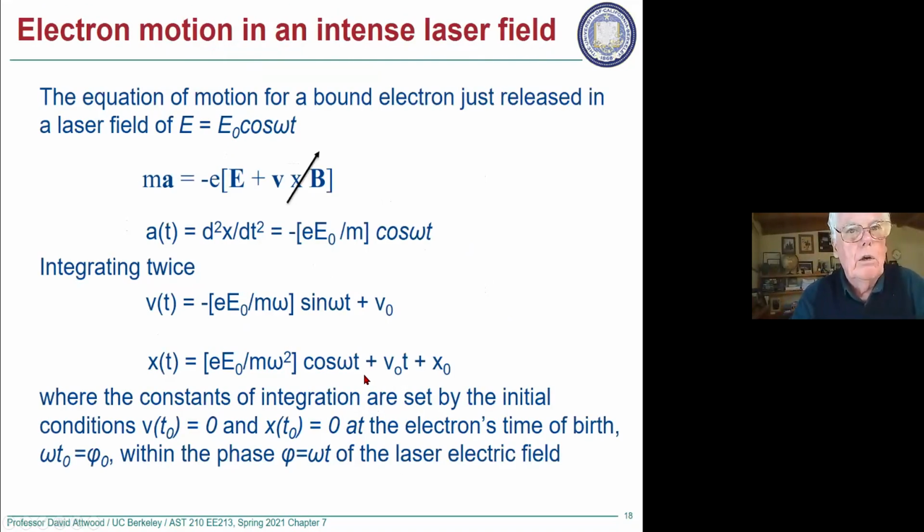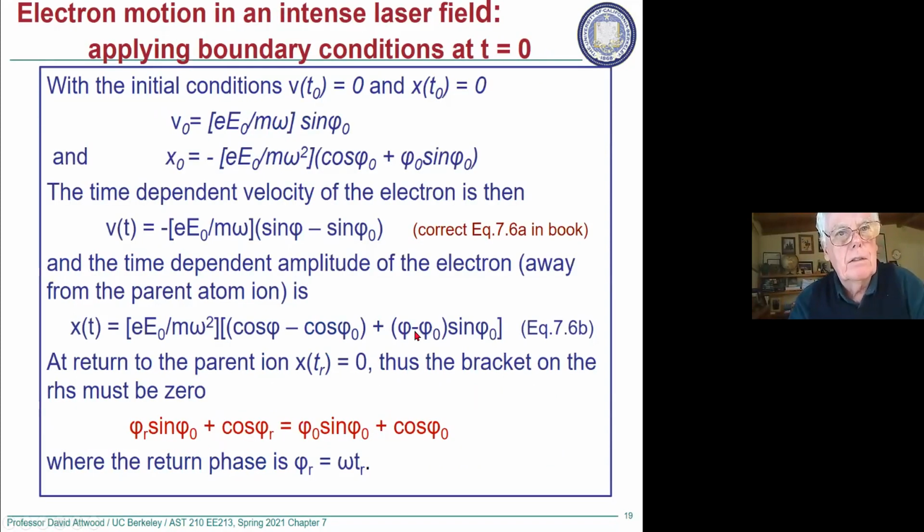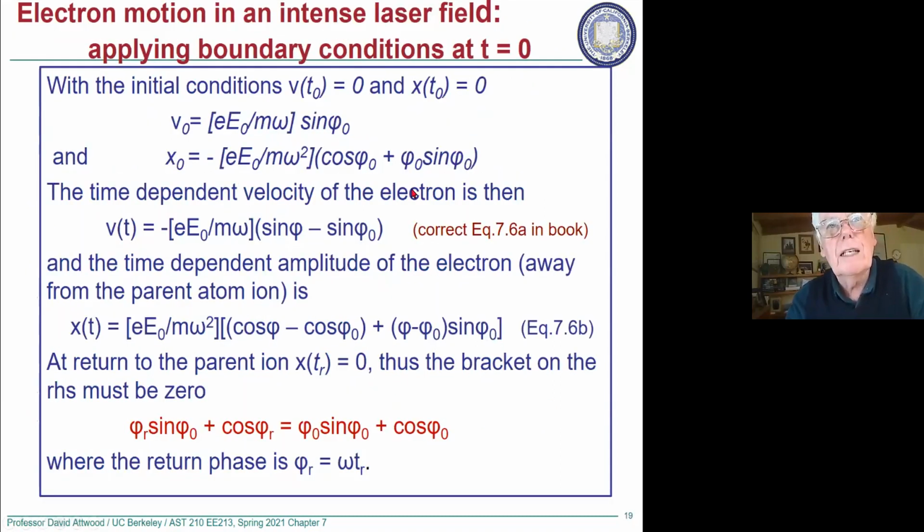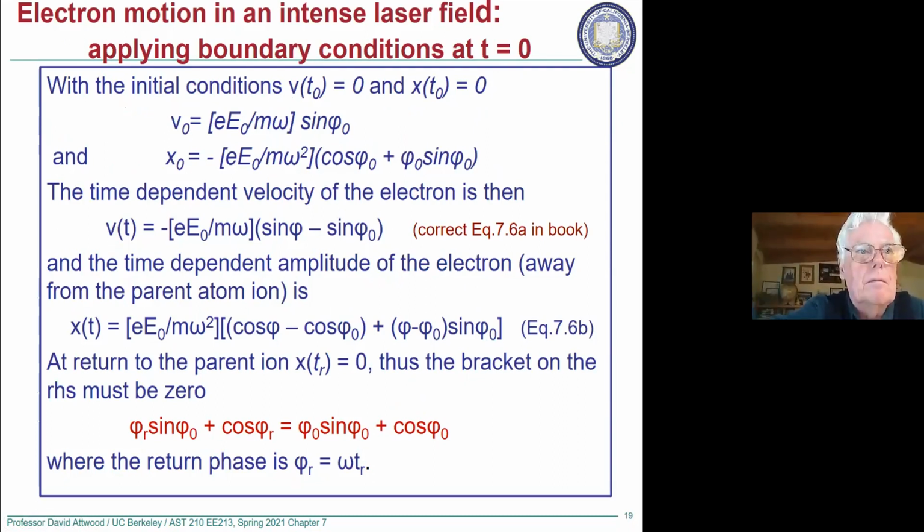So I think it might be better to stop here and start with this next time, but let's just look at this one slide. We're going to apply F equals ma, and we're going to calculate what velocity is gained in an oscillating electric field.